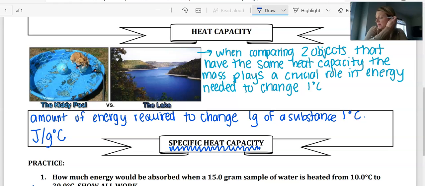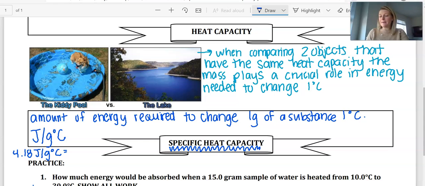Okay, sorry about that pause, everybody. I just wanted to grab a couple of specific heat capacities to show you what I was talking about with low versus high. To give you a value, water has a specific heat capacity of 4.18 joules per gram degrees Celsius.